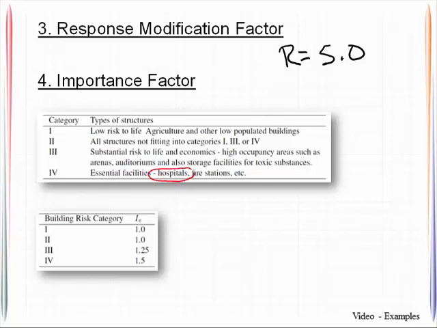So we notice right down here that if we have a hospital, that is a risk category 4. And when we have a risk category 4, the importance factor, I sub E, should be taken as 1.5.